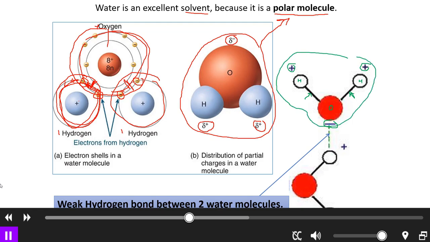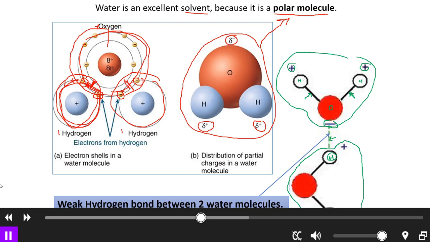When we think about water, yes, water molecules are connected. Here is another water molecule, and between them the oxygen atom of one water molecule and the hydrogen atom of the other water molecule also establish a bond connection.